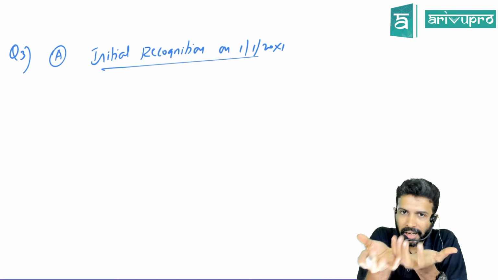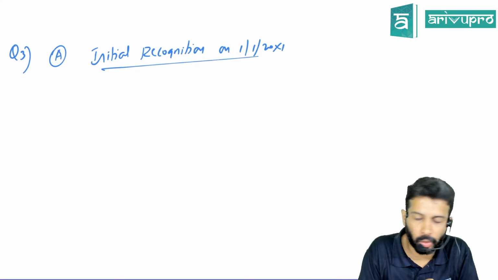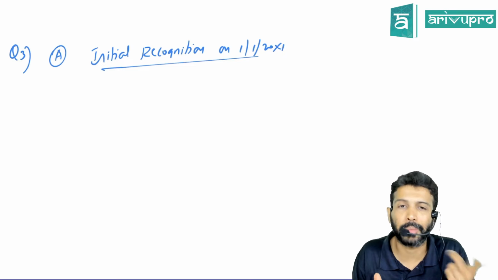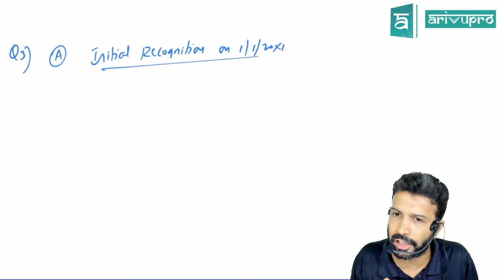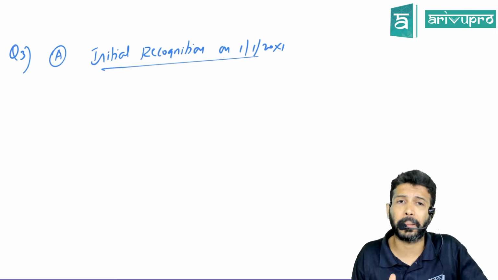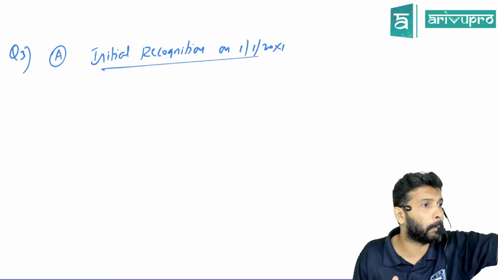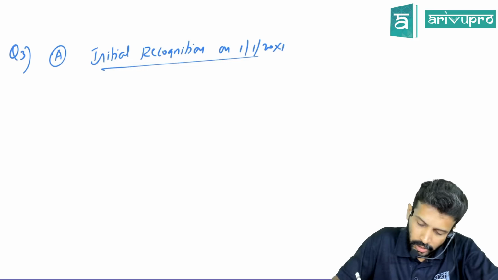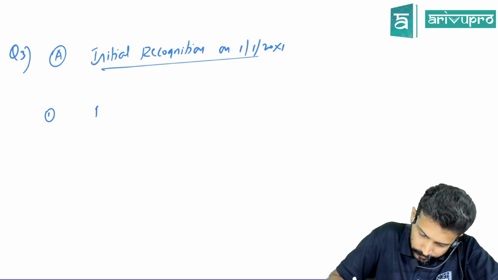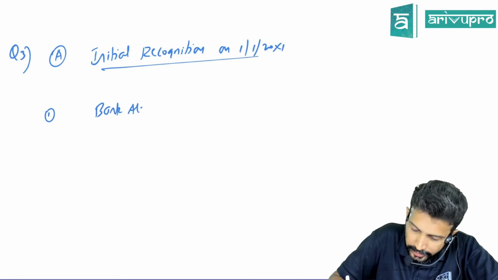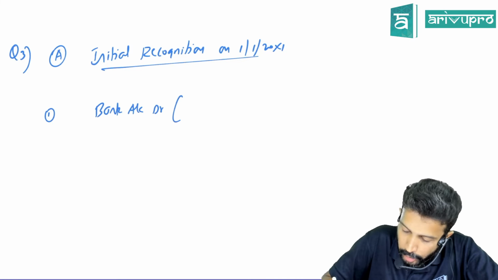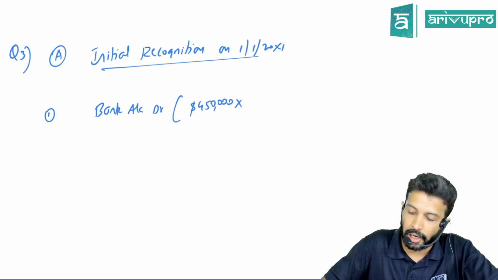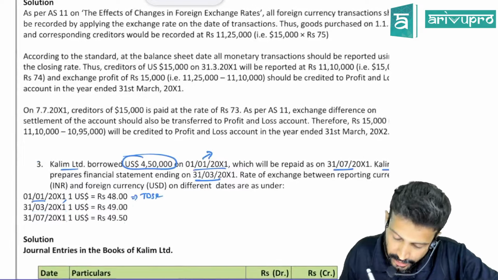When you take a loan, money will come into your bank account, but you need to repay that loan. So correspondingly, you need to create a liability also. So the journal entry is bank account debit to bank loan account. How much dollar loan did you borrow, sir? 4,50,000. And on 1st January, what was the exchange rate?